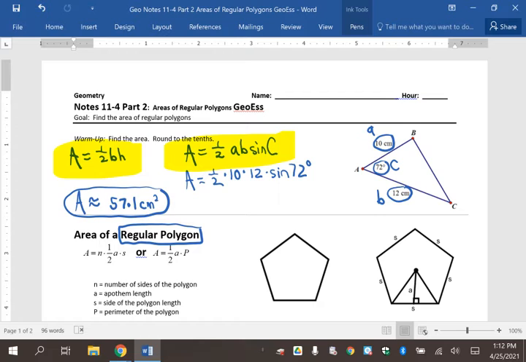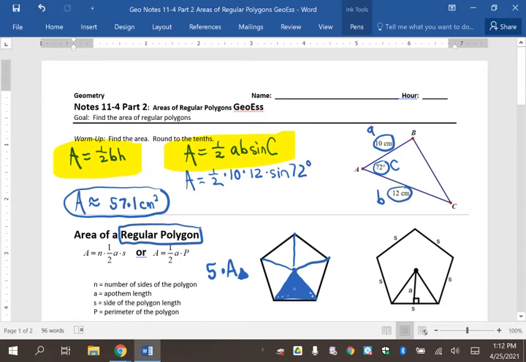So we will take a regular polygon and find the area of one of the triangles. Once you find that area, multiply it by the number of triangles you have. In this case, we have 1, 2, 3, 4, 5 sides, so you would take 5 times the area of one of those triangles.